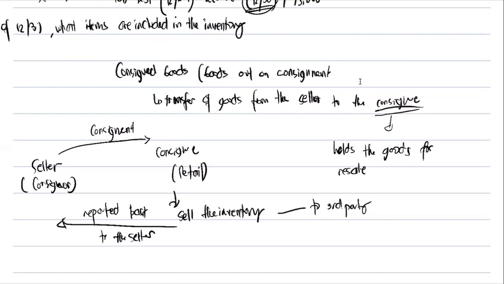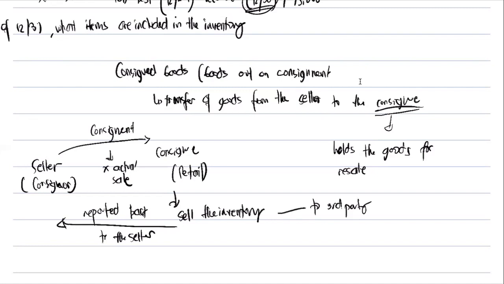So take note, at the time of consignment, there is no actual sale. Why? Because the risk and rewards are still with the seller. You only transfer the inventory in view that the consignee can sell it. It's like you gave it to them first so they can sell it.